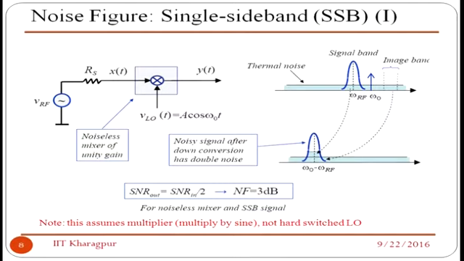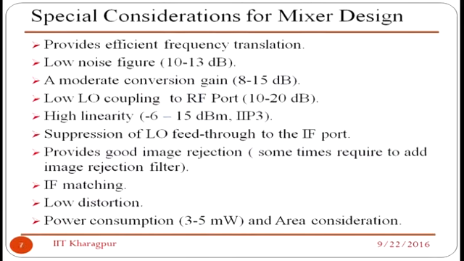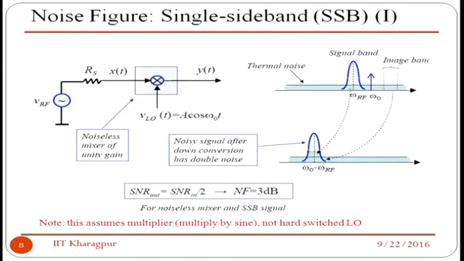So in case of double sideband, you have an input referred signal to noise ratio of 1, whereas single sideband is 3 dB below that, because you have an additional noise coming from the image band. So if you look at both the cases, there is always a difference of 3 dB between the single sideband and the double sideband.